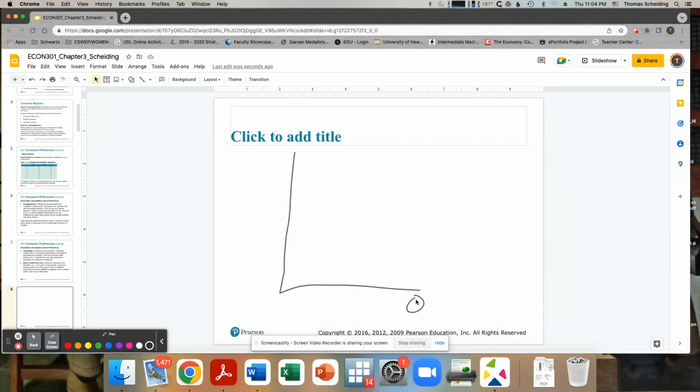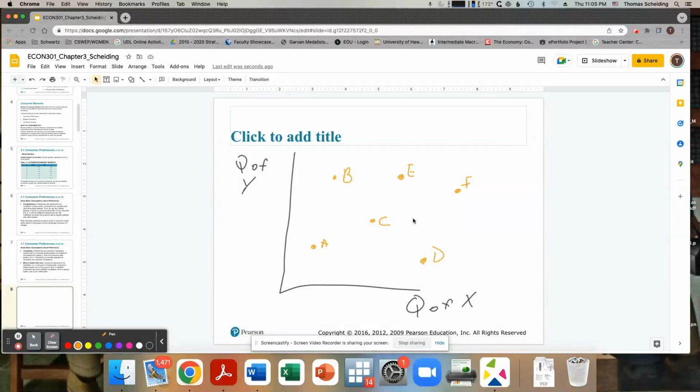So with that in mind, here's my quantity of good x. Here's my quantity of good y. And here's a whole bunch of bundles, market baskets.